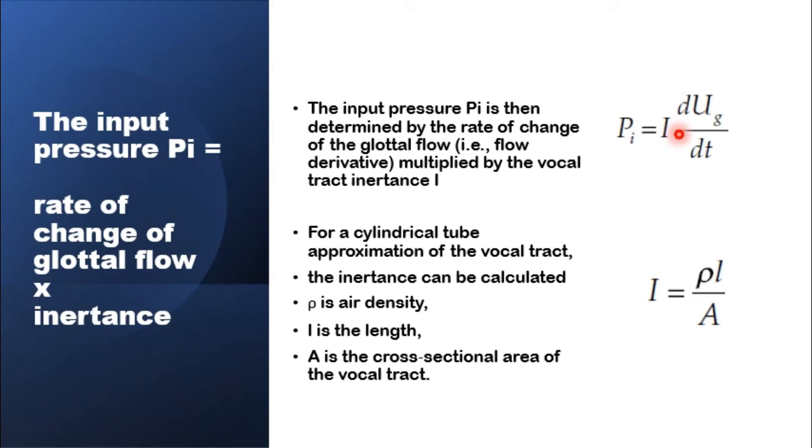So this value is almost fixed, and the input pressure into the supraglottal vocal tract is dependent on the change in the glottal flow rate. When the glottal flow increases rapidly, this is going to increase, and when it decreases rapidly, this is going to decrease. And this would be reflected through the pressure Pi into the Pg, which is now equal to it.